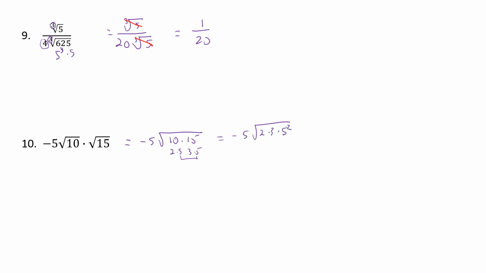Okay. Well, the square root of 5 squared is 5. 5 times negative 5 is going to give me negative 25. And 2 times 3, we can just put that back as 6. And so we get a negative 25 times the square root of 6. Okay. So I'm going to stop there, and I'll start another video for you for the second half.